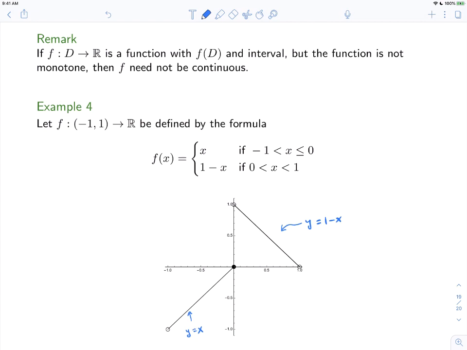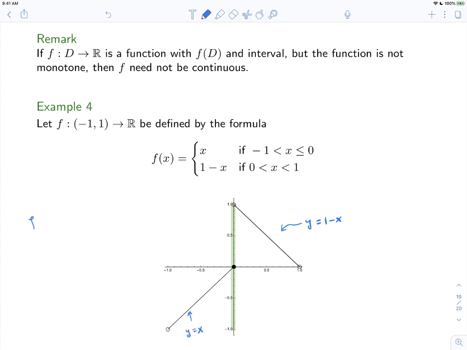Because the smallest you can be, well, you can't actually achieve -1, but you're in this interval right here. You're in that interval right there. So the smallest you can be is approaching -1. You don't actually get there. And the largest you can be is approaching 1. Again, you don't get there, you just approach it. But as you can see, you can take on every value in between -1 and 1.